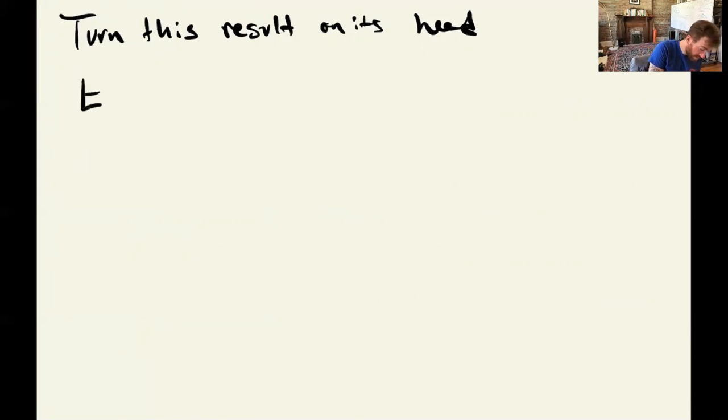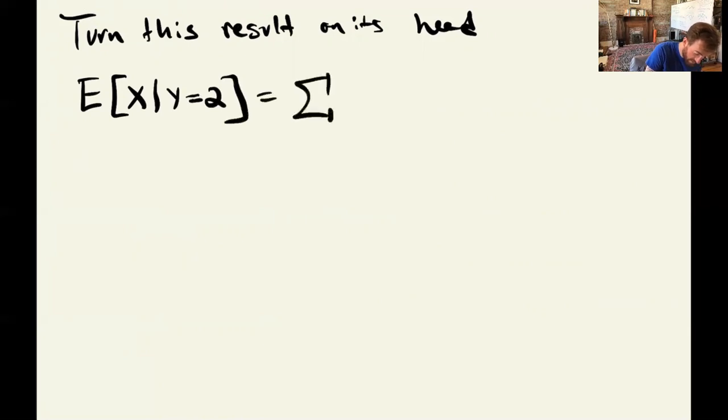So remember, we want to compute the expectation of x given that we know the value of y equals 2. Well, by definition, we need to sum over x times the probability that x equals little x, given that y equals 2.